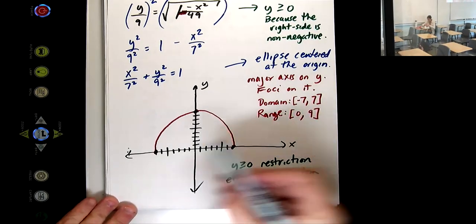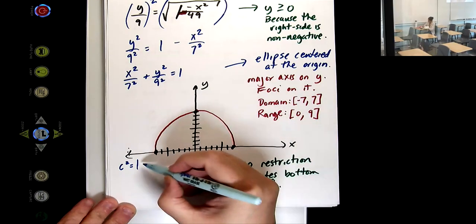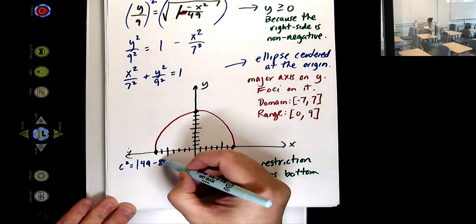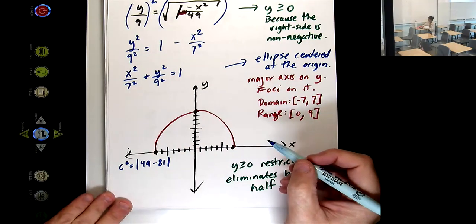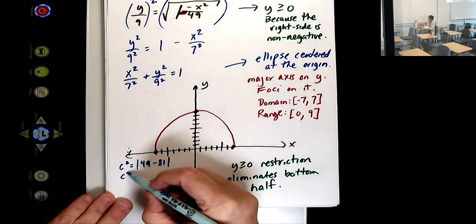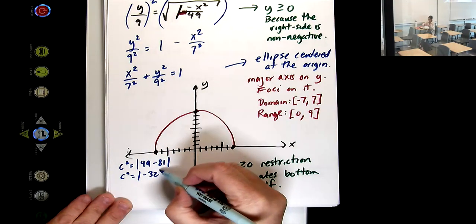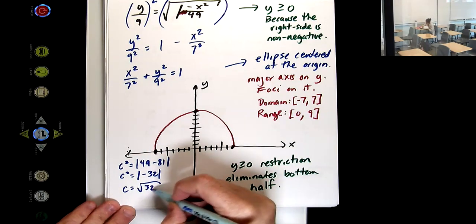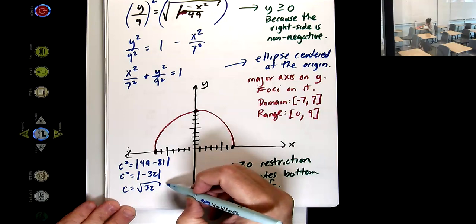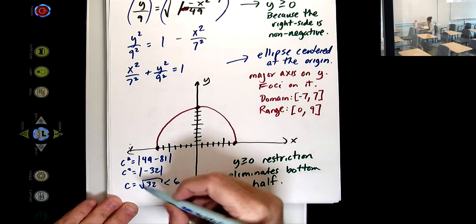So if we want the foci, we're going to do c squared equals the absolute value of a squared minus b squared, 49 minus 81, which is 32. So c is the square root of 32, which is less than 6, but larger than 5.